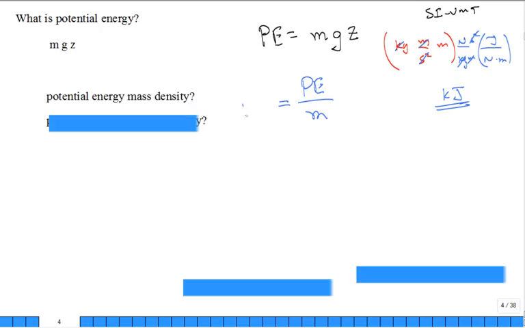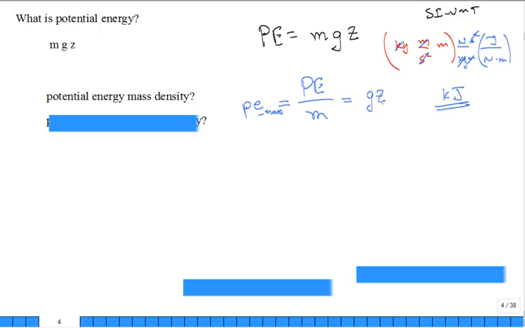We'll call that a lowercase pe. Maybe you want to put an underscore MASS on it, because it's going to be the lowercase pe, the potential energy per unit mass. And when we do that, we just find that that's just gz.